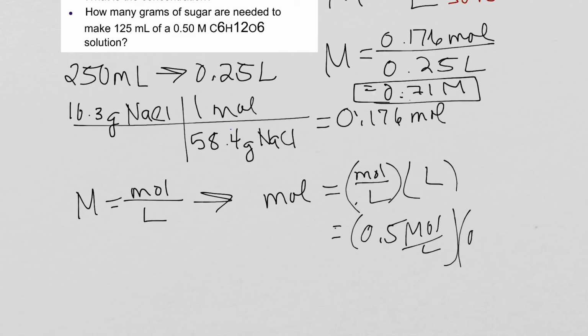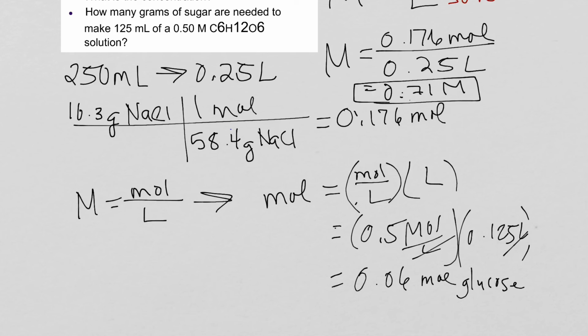And the liters is 0.125 liters. These cancel, gives us moles. So the number of moles that we have is 0.06. And that's moles of glucose, the C6H12O6.